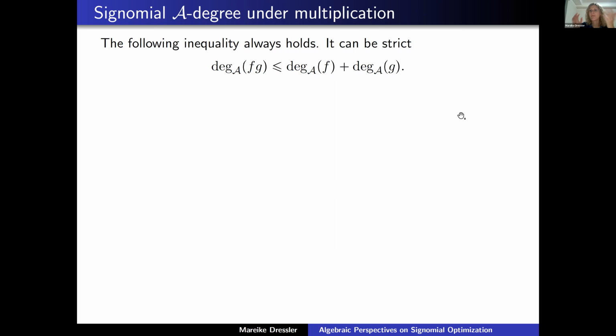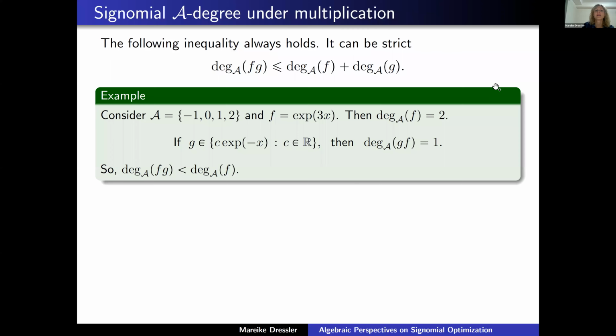So if you multiply two polynomials, then the degree of this product is the sum of the single degrees. But for Zignomials, in fact, this can be a strict inequality. Let's take a look at an example to make abstract things a little bit more visible.